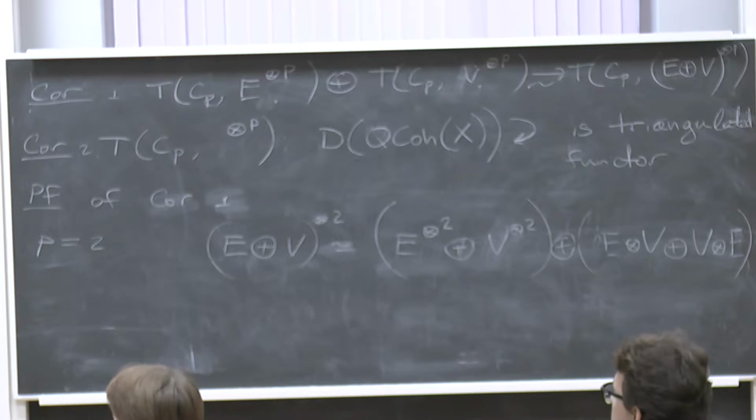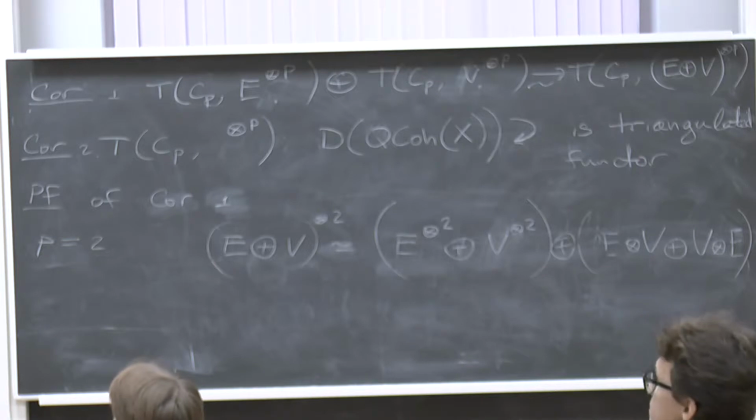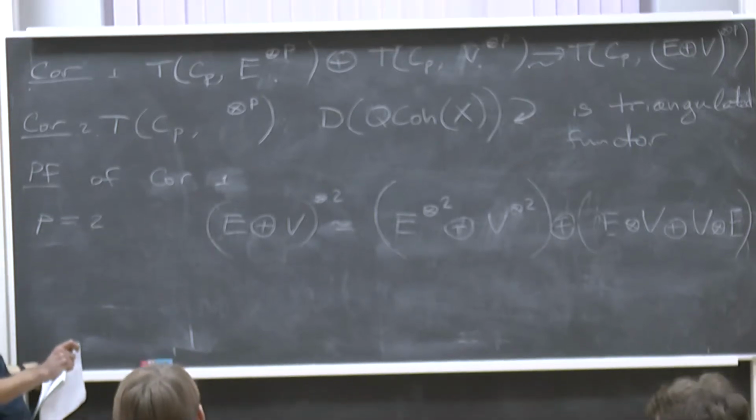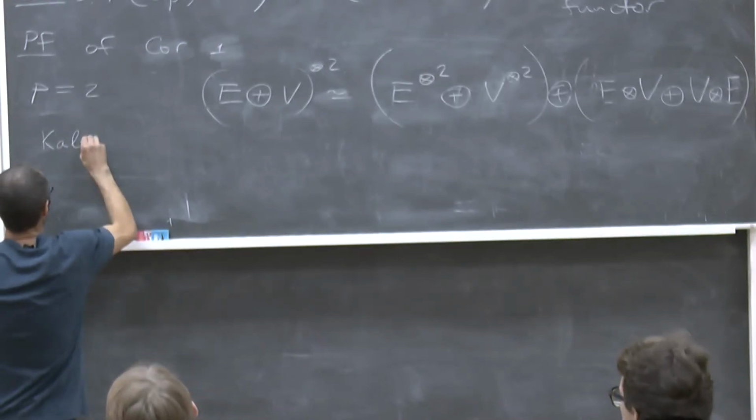So it turns out that you can construct a filtration on this complex, or any complex of sheaves, not necessarily just a single sheaf, with the same property. This filtration was introduced by Kaledin.